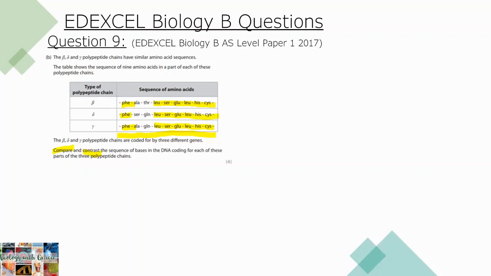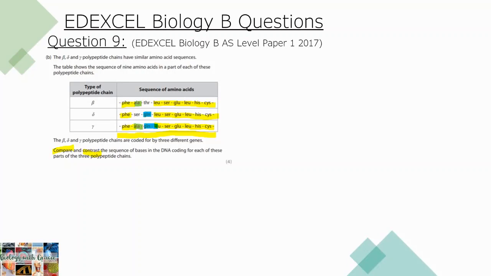We can also say that beta and gamma will both code for the same amino acid 2, as you can see here. And delta and gamma will both code for the same amino acid 3, as we can see here. So those are our similarities.